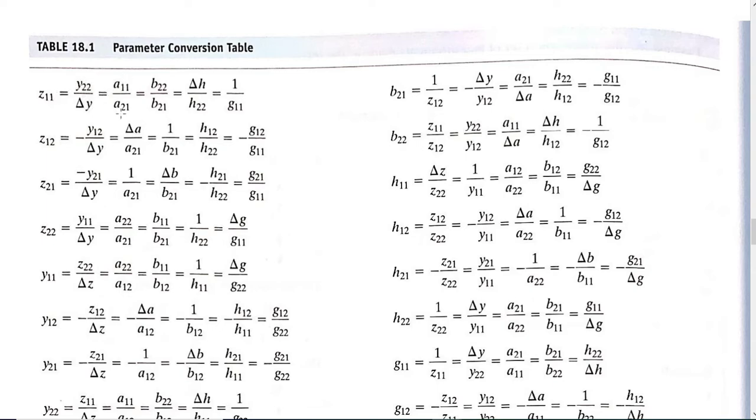For A parameters, we use this equation, B parameters use this, H parameters use this, and G use the last one. I will pass you this table, don't worry, don't memorize anything. But learn how to convert, okay? For example, from Z parameters to A parameters.